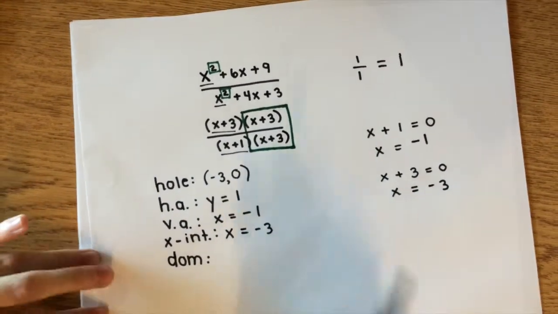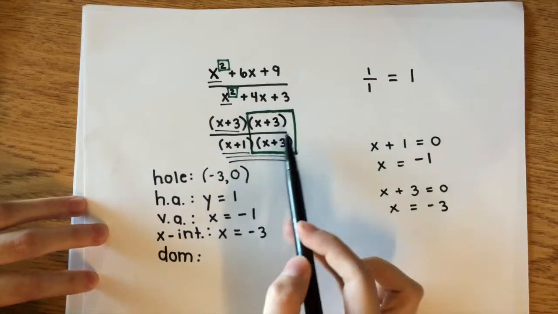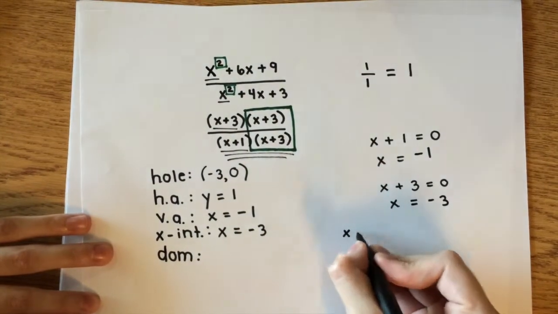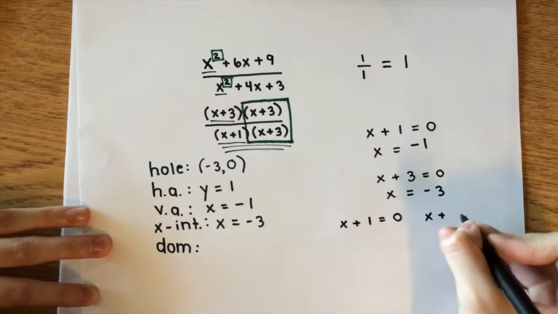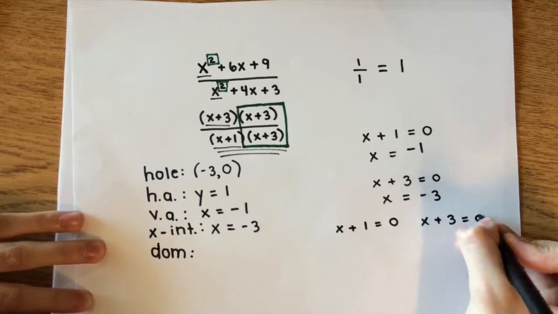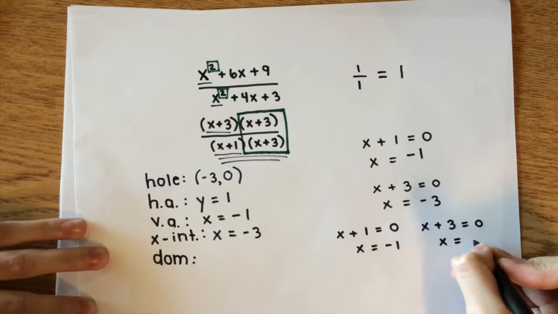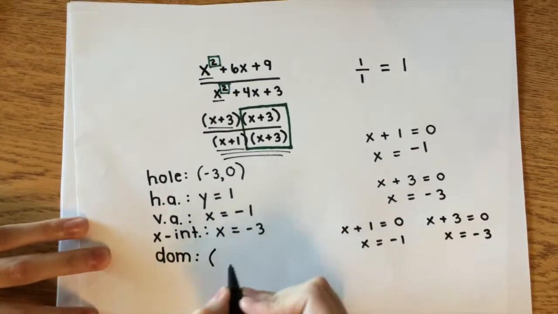Now for the domain, you include both. It doesn't matter if it's already in the hole or outside of the hole, you include both. Like I said before, solve for x, and you will get your domain. It's very simple math, guys. So it's x equals negative 1 and x equals negative 3. Now you have to write it, including the infinities.